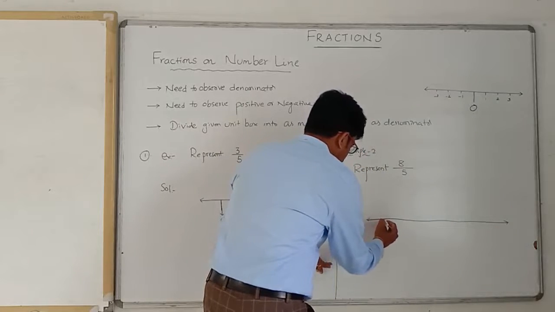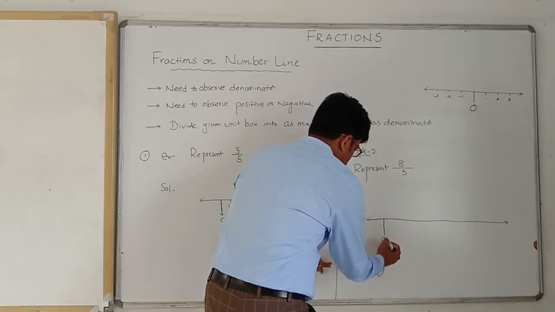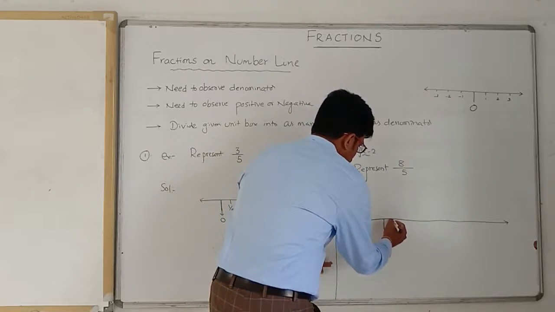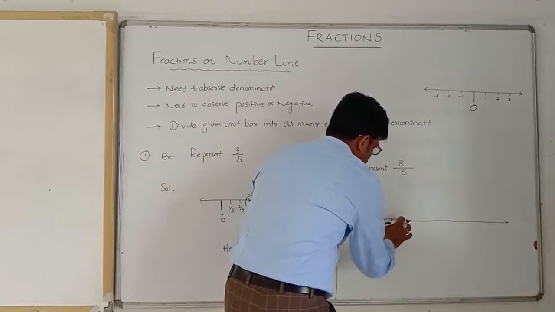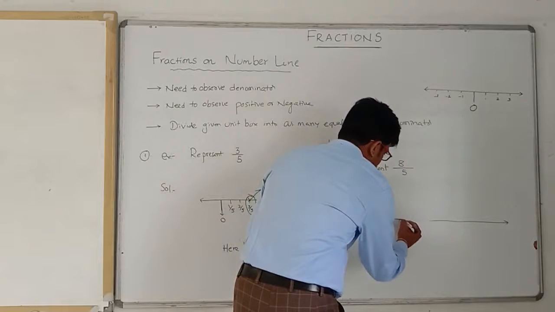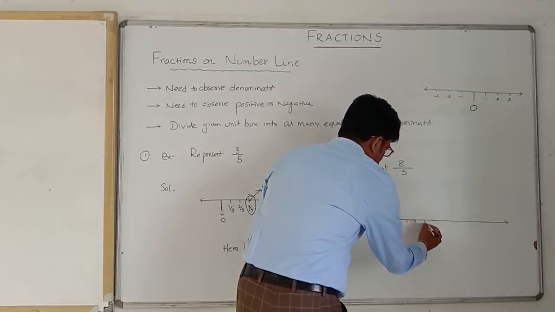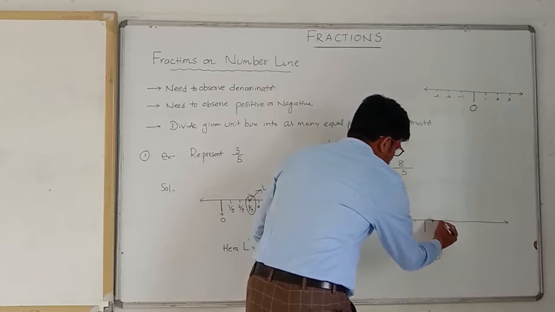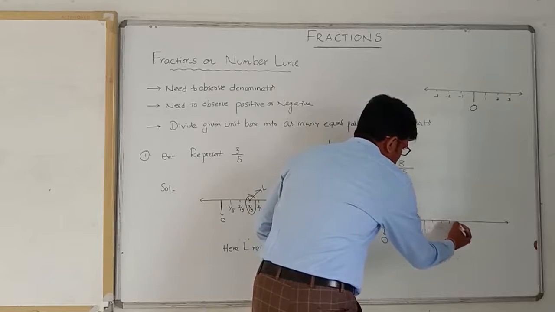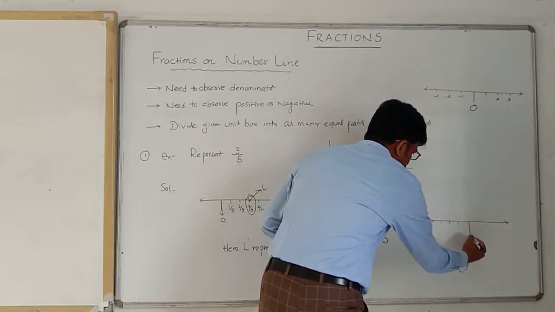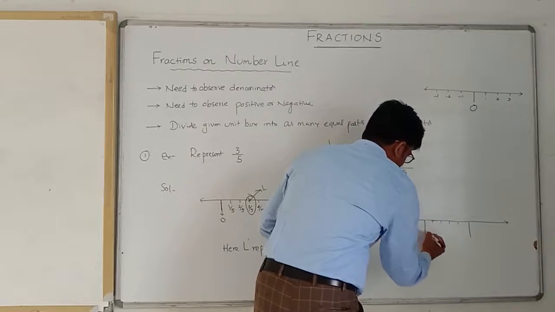As it is, 0. 1, 2, 3, 4, 5. The fifth part must be there.